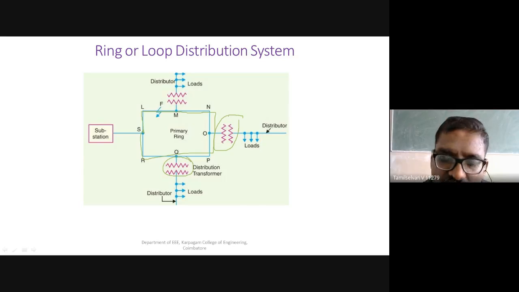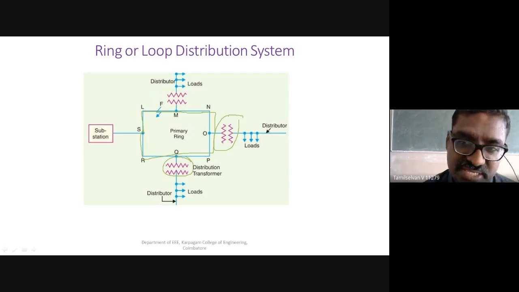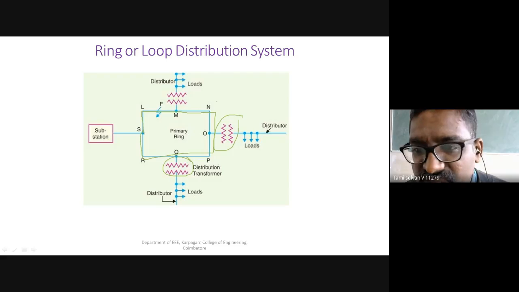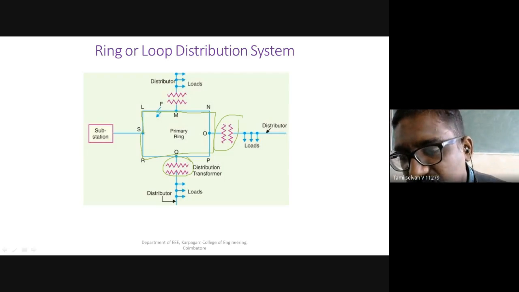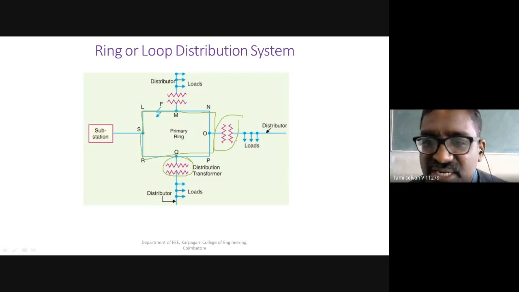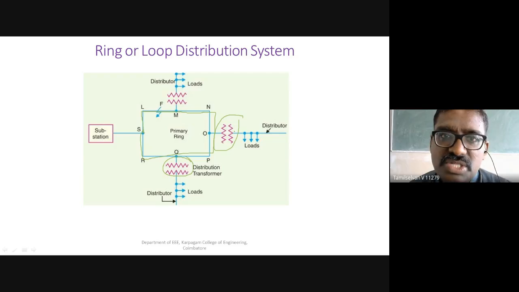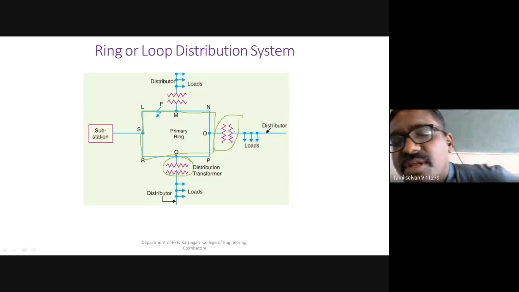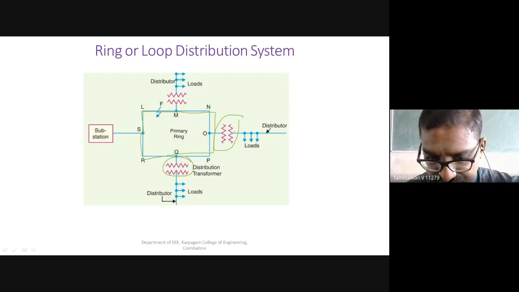That transformer is called the distribution transformer, and from there the distributor originates and the service is connected. So this is the ring or loop distribution system.